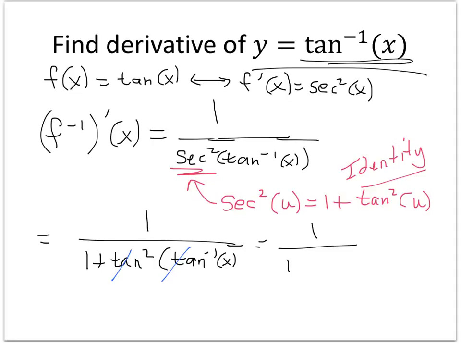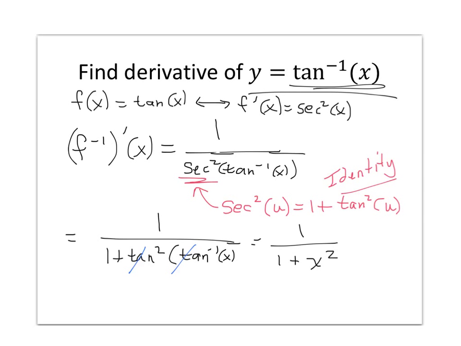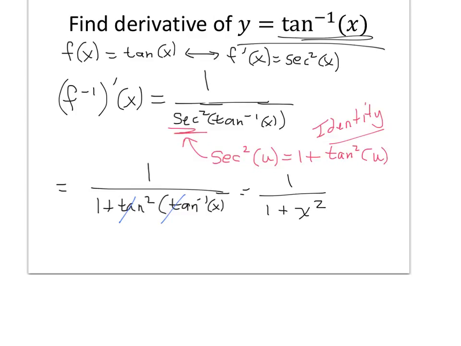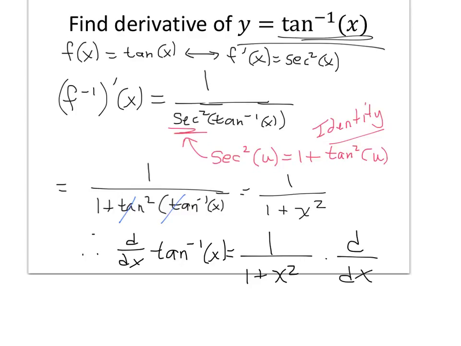So I'm going to end up with 1 plus x squared. So in other words, therefore, the derivative of the inverse tangent equals 1 over 1 plus x squared, not forgetting the chain rule, and then times the derivative of that inside piece.